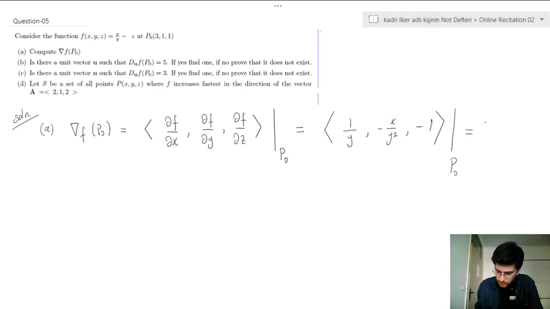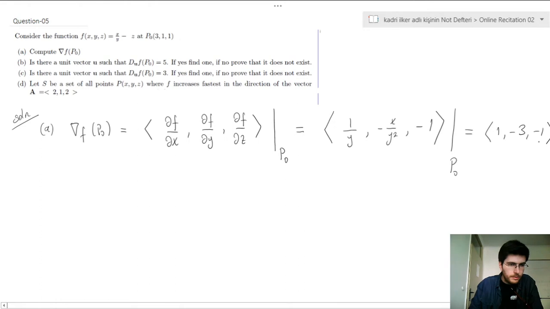And this gives you a vector. What is p0? 1, minus 3, and minus 1. That's all. This is the gradient vector. So part B. The question is: is there a unit vector u such that the directional derivative attains such a number?